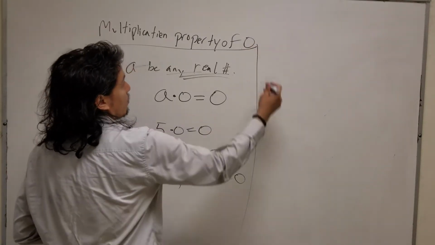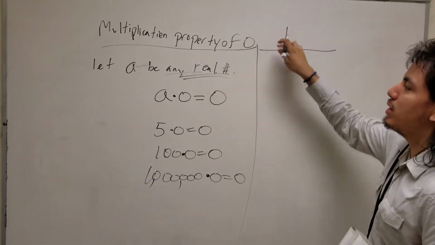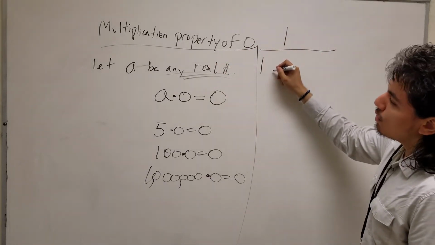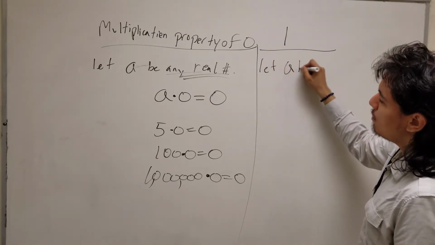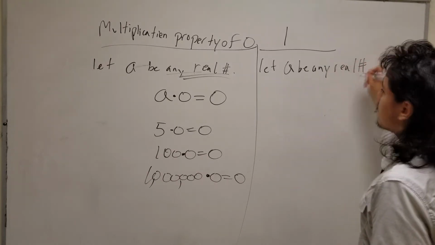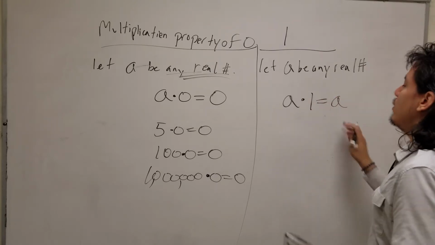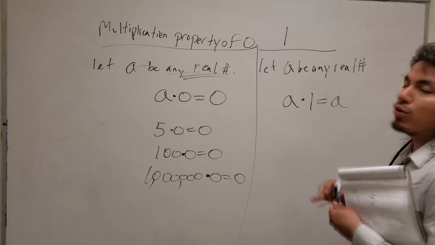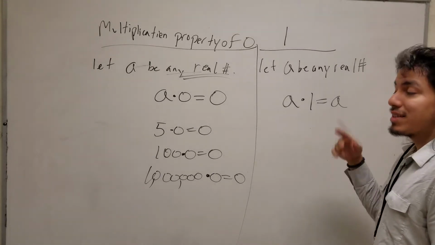Now, what about the property of 1? It's the same thing, but with 1. Again, let A be any real number. A times 1 is going to give me A. Meaning, no matter what number I choose A to be, it's going to be that same number.